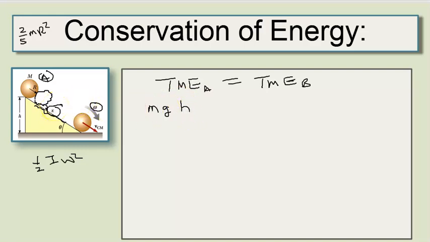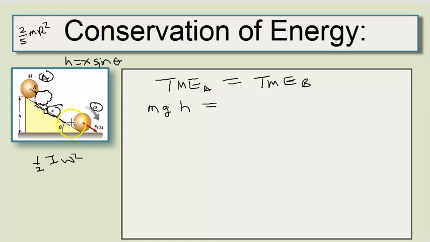Occasionally, they give you the length of the incline, and they expect you to use trig to find the height. I'm going to put that as a hint at the end. But fundamentally, it's mgh. If you're not sure what it is, just say mgh, and at the very end of the problem you can say where h is, and then figure it out. Oh yeah, h is x sine theta. Don't be afraid to do that. That's a really efficient way to do it.